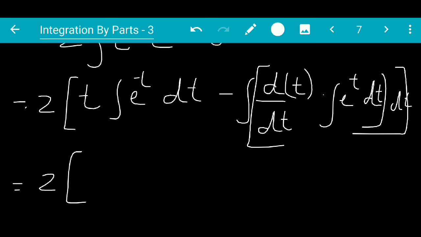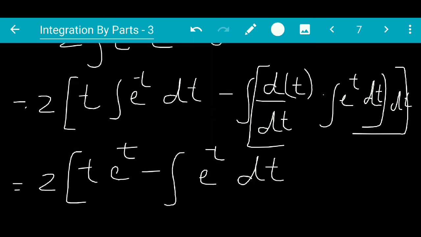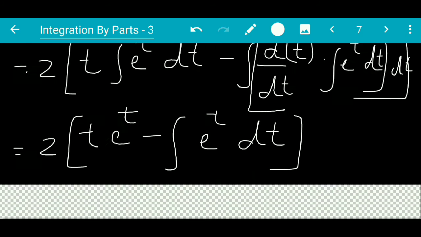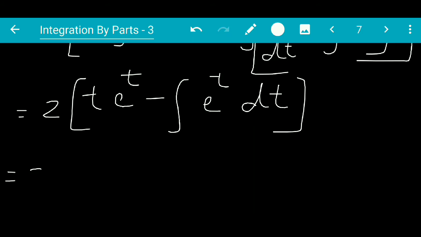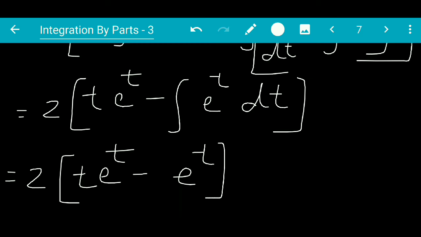So 2 t e raised to t minus the integral of, now the derivative of t is 1 and the integral of e raised to t is e raised to t. And then in the next step, again the first term remains the same, minus the integral of e raised to t is e raised to t itself, and thus the integral sign is gone, so we write plus c.